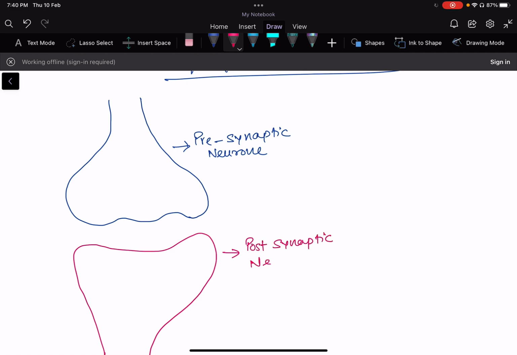The junction between the presynaptic neuron and postsynaptic neuron has a cleft, or a gap, and this gap is known as the synaptic cleft.